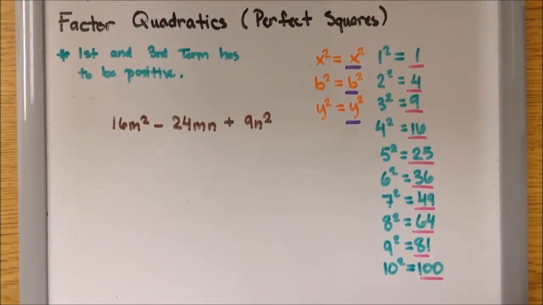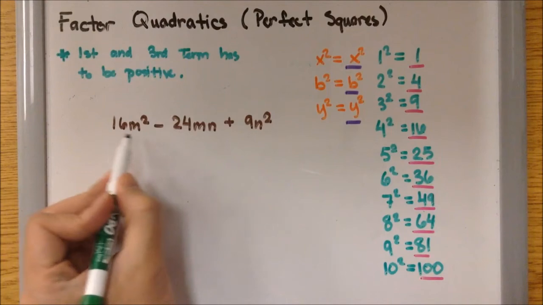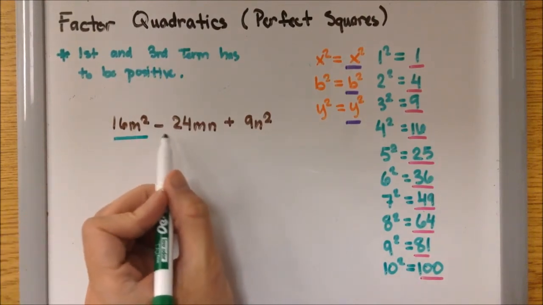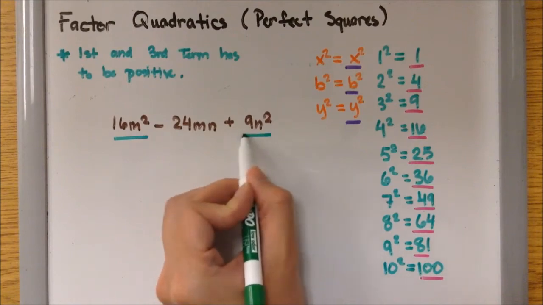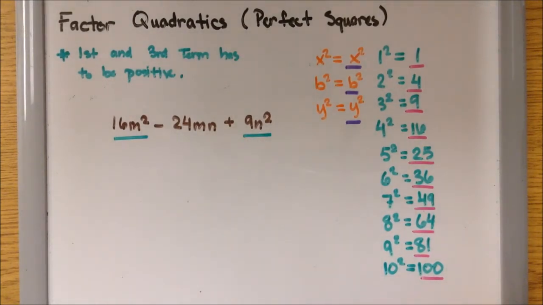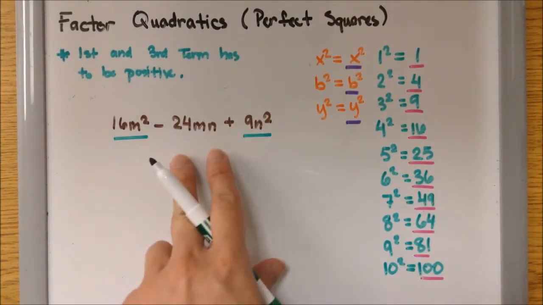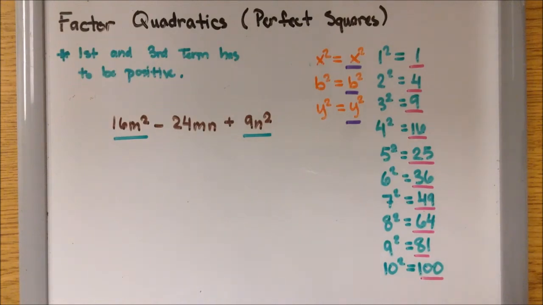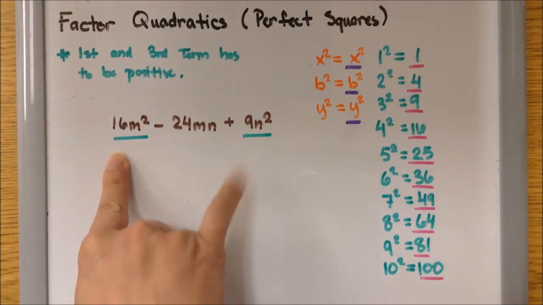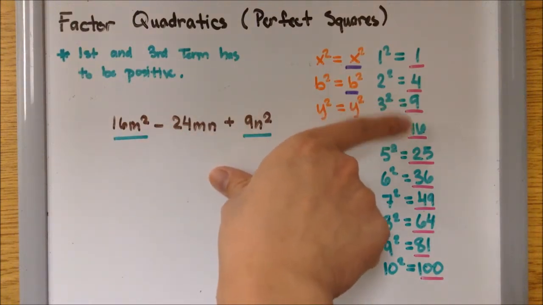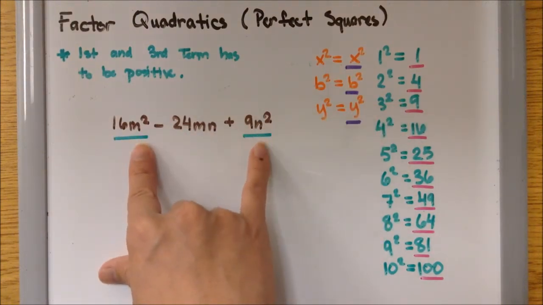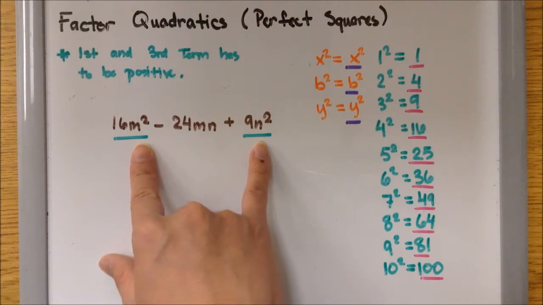In our second example we have 16m squared, that's the first term, minus 24mn plus 9n squared, the third term. They both have variables, and you can see there are two variables in the middle term. Now let's check. It's positive, positive, 16 and 9 are perfect squares, m squared, n squared are also perfect squares.